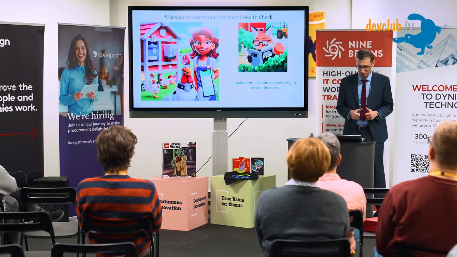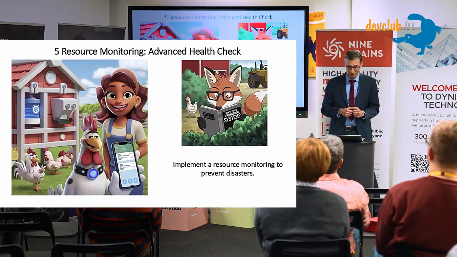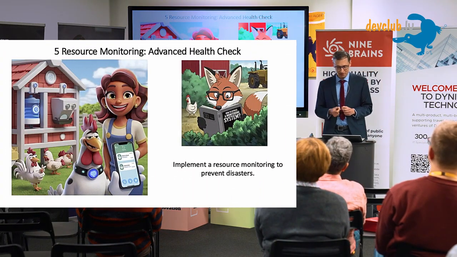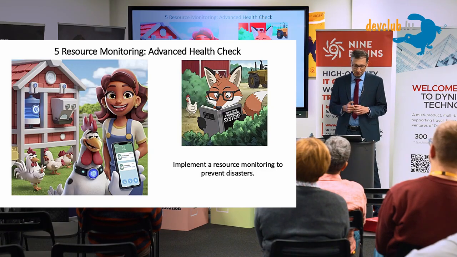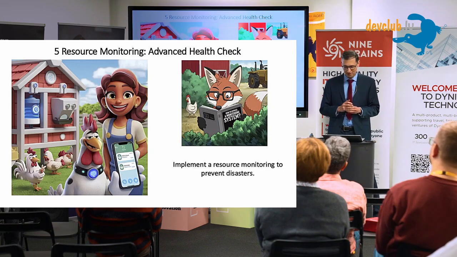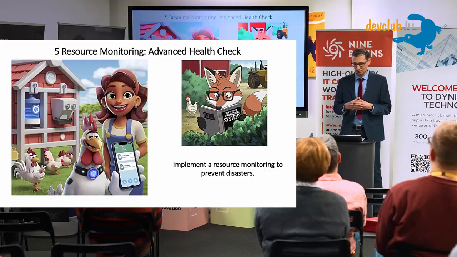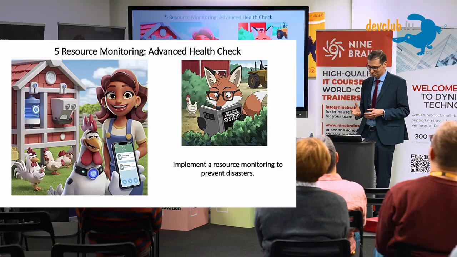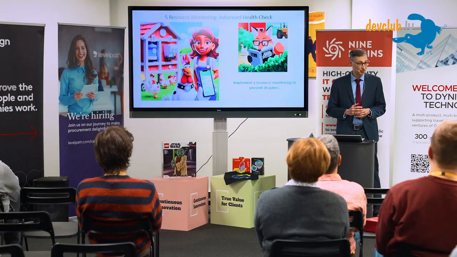And what does Jennifer do next? Jennifer installs sensors on the water and food supply. She gives the watchdog a phone to receive alerts if food and water are low. Again, a smart decision from Jennifer's side. So we need an advanced health check in order to monitor resources.